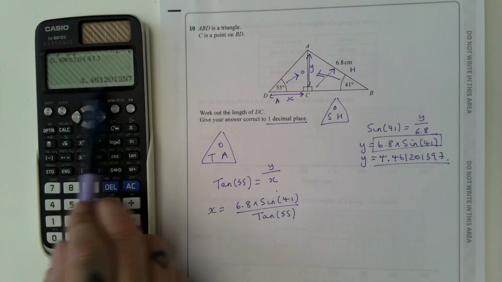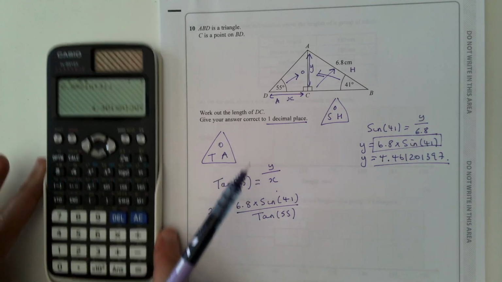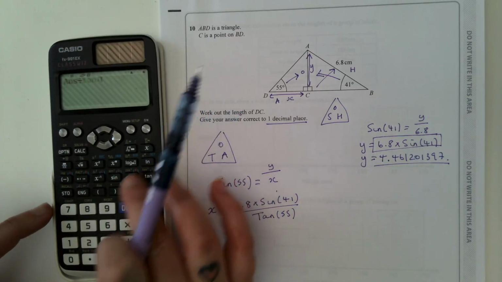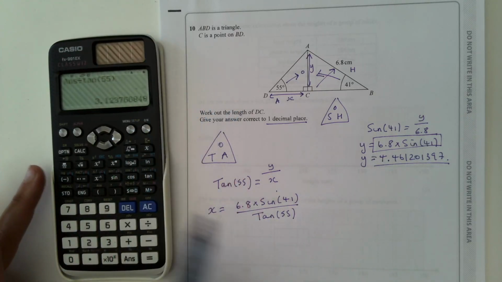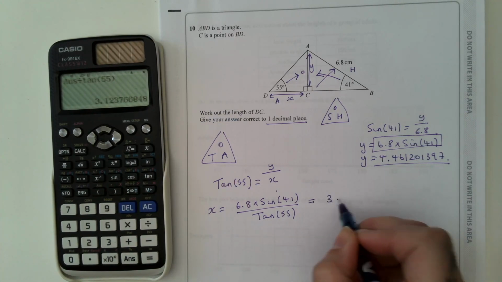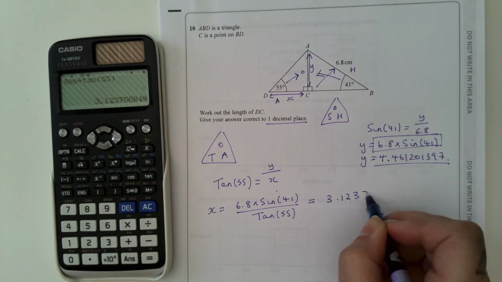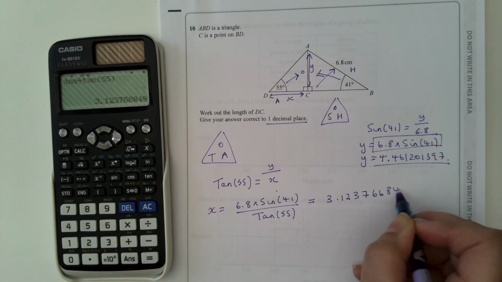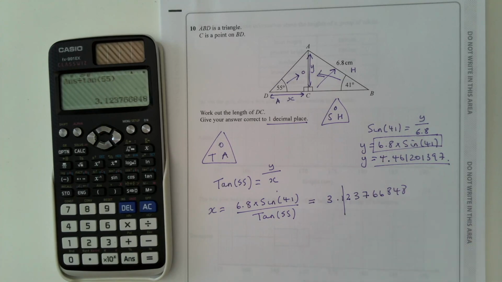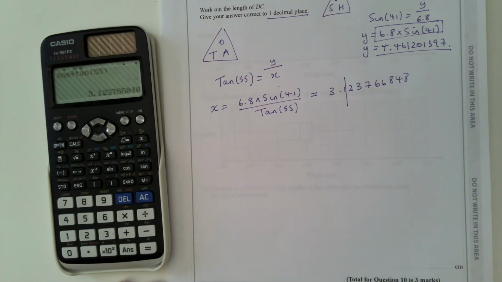But also I've kept it in my calculator, so I didn't actually clear it, so I'm just going to press divide and then tan 55 there. So this tells me that X, which is DC, is 3.1237668848. We want 1 decimal place. That 2 isn't going to change the 1. So DC is 3.1 centimetres.